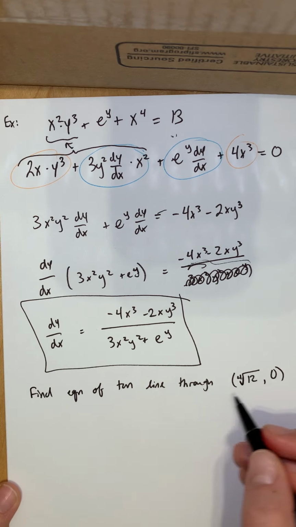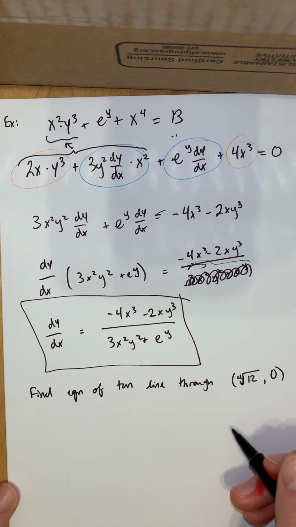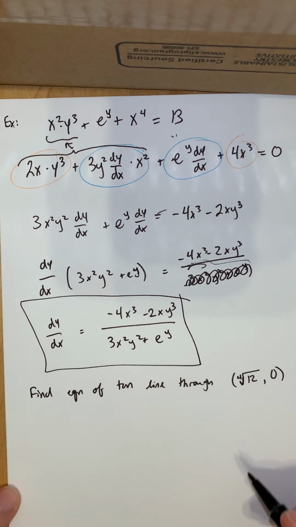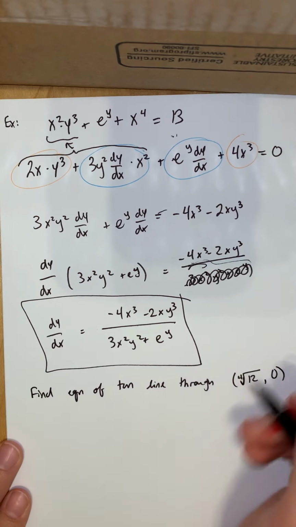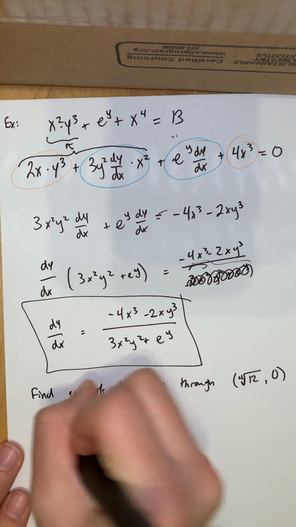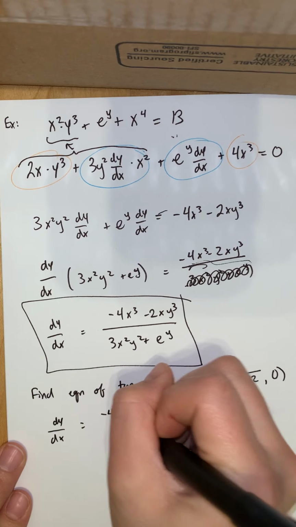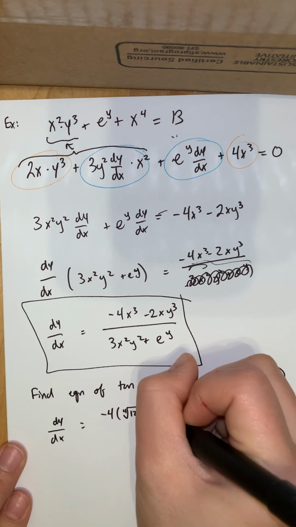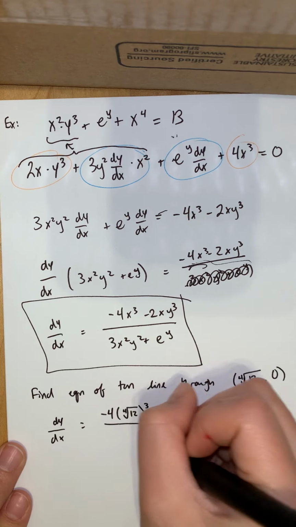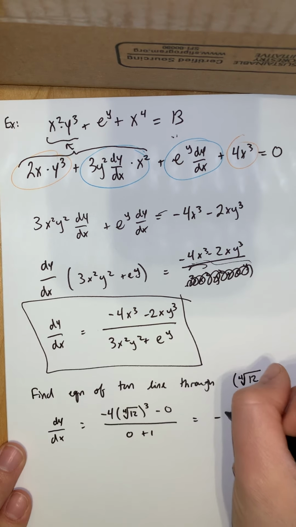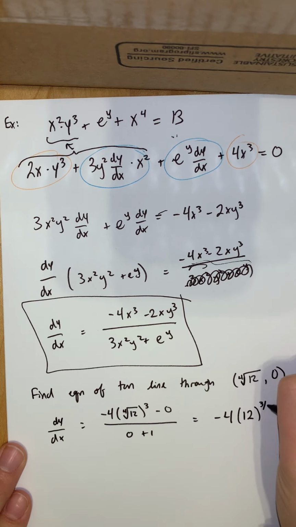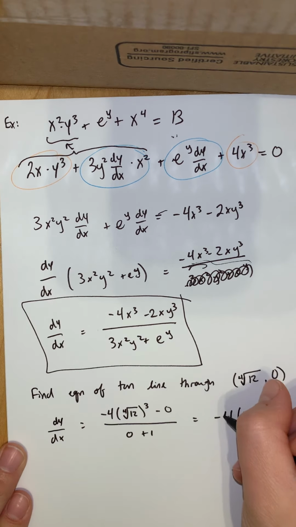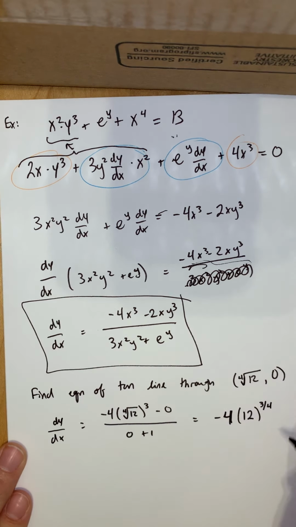So if I wanted to find the equation of the tangent line through this guy, I'd just plug it in here. It's going to turn out ugly. This is why you don't make up problems on the spot. But I know that dy dx equals negative 4 times the fourth root of 12 cubed minus 0 all over 0 plus 1, which is just negative 4 times, I'll rewrite it as 12 to the 3 over 4. You can manipulate this to simplify it, but this is all just divided by 1.